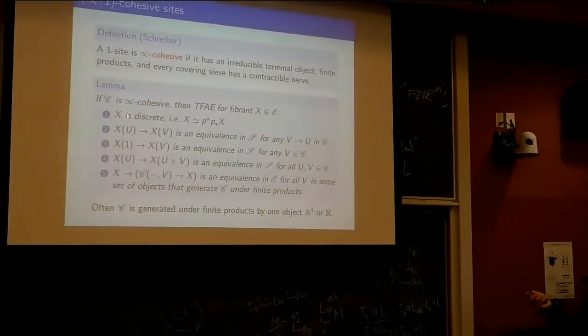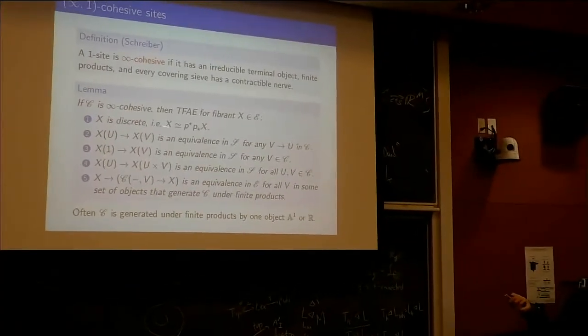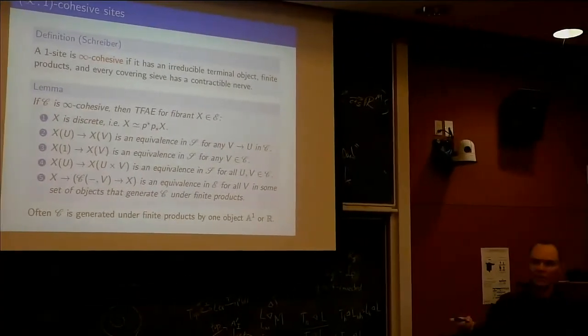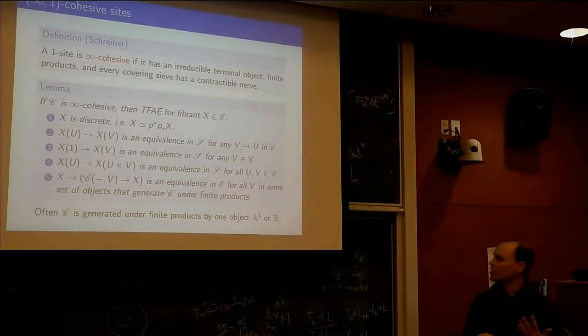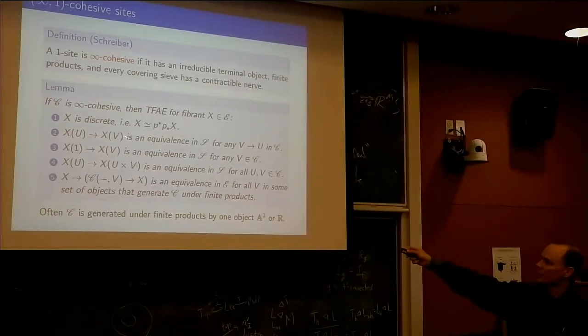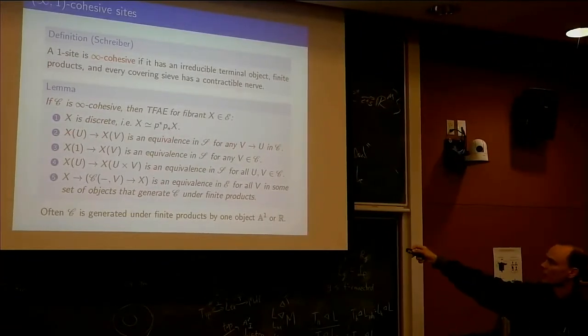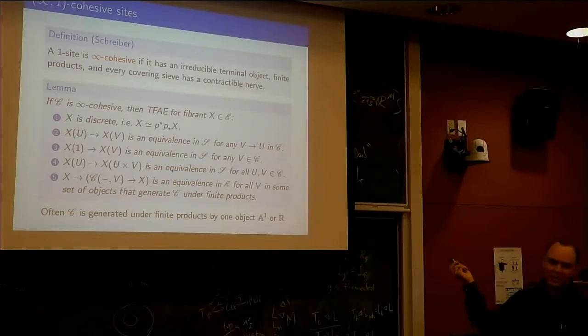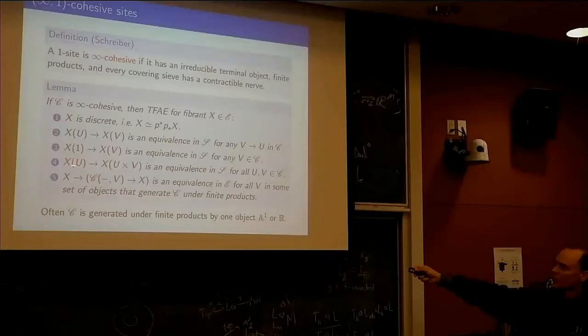So discrete is saying that it's basically constant homotopically as a presheaf. So the map X of D is an equivalence. But since we have a terminal object, that's the same as saying that X of 1 to X of U is an equivalence. And more generally, I can talk about the image of any product projection being an equivalence.